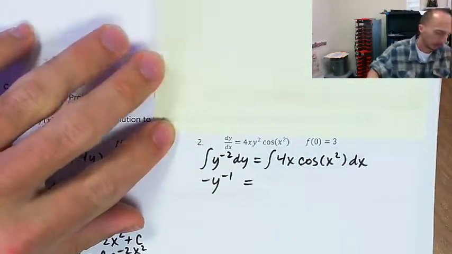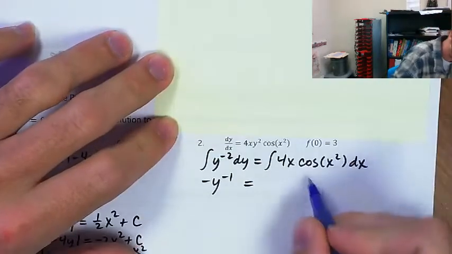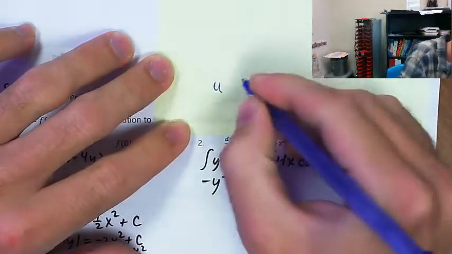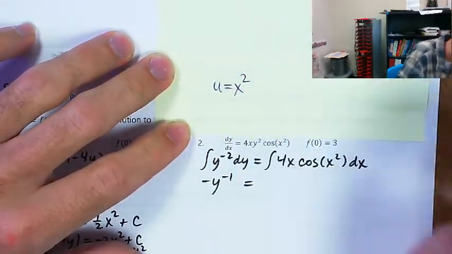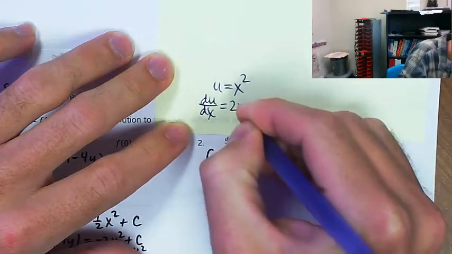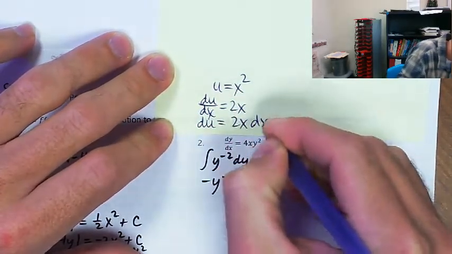Yeah, that will work. I'm going to do my U-substitution over here, and I'm going to let u equal x squared. Still, yep, I'm still visible. So u equals x squared, du dx equals 2x, and du is 2x dx.